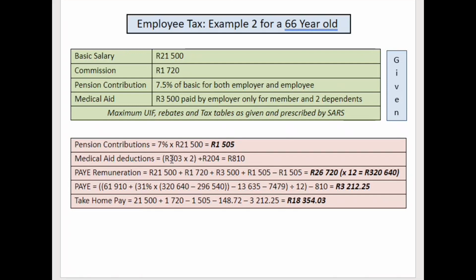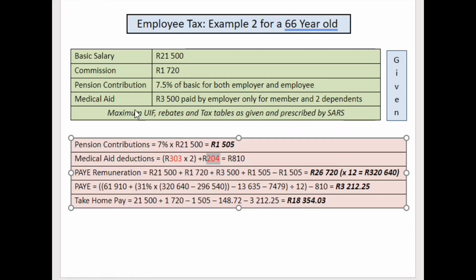These amounts are given: the 303 for the primary dependent and the first dependent, and the 204, as it was in this case, for any other dependents. It said here he has cover paid by employer only for member and two dependents. Yes, the first dependent gets 303, but the second dependent only gets a deduction of 204. So we can deduct that monthly.